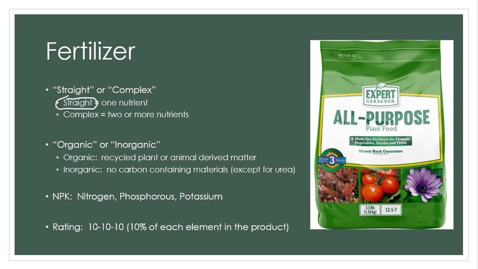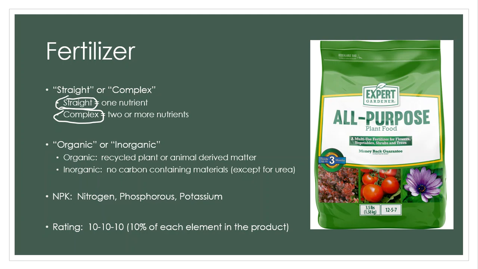However, the general run-of-the-mill consumer doesn't really understand that concept, and will just go and buy a general purpose fertilizer. And a general purpose fertilizer is often what we categorize as a complex fertilizer. A complex fertilizer is, of course, one that has 2 or more of these big heavy hitters in it.